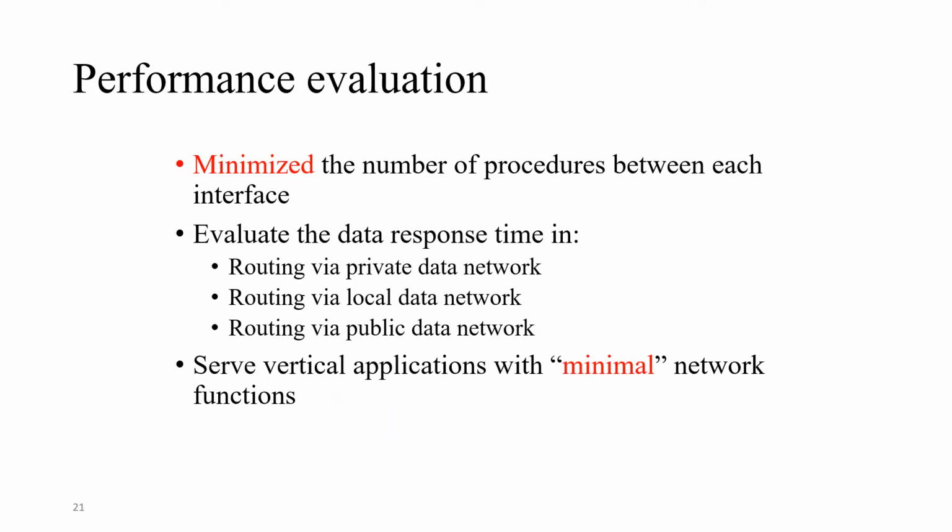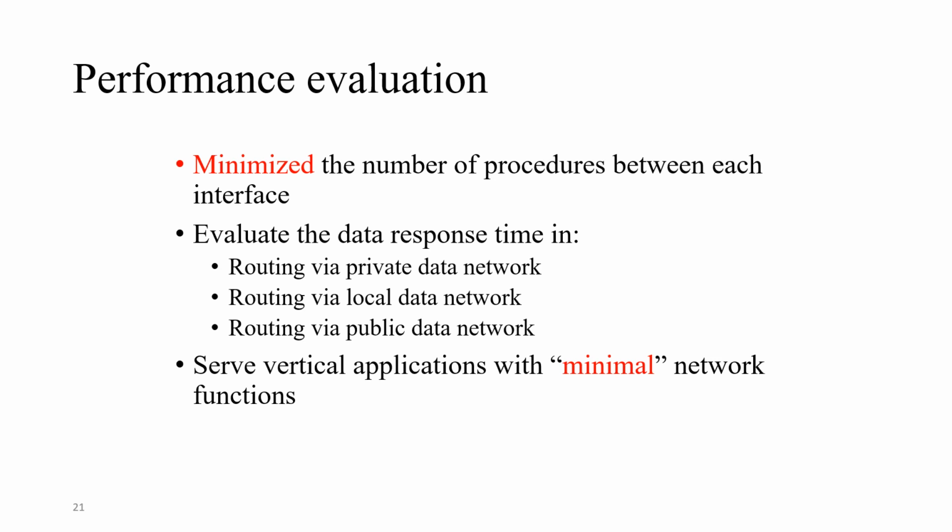We will try to minimize the number of procedures between each interface, so the communication between central and branches can be faster. We will also evaluate the data response time between the private data networks, from central to branches, the local data network only within the central or branches, and also the public data network where the core network is hosted at the operator site.